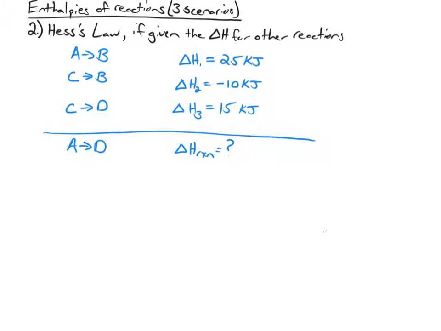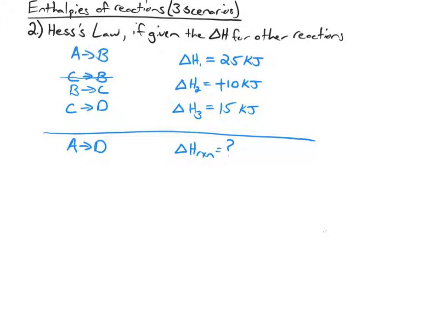Well, if we think about what's on the reactant side and what's on the product side, we see that we can't cancel many things out. But if we swap the second reaction, C going to B, and reverse it, we could then cancel out B and we could cancel out C. So if we reverse this reaction and rewrite it as B goes to C, we can change the delta H value, so it's no longer a negative 10 kilojoules, but a positive 10 kilojoules.